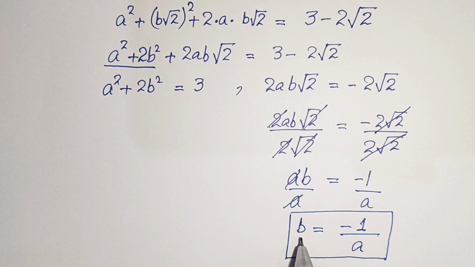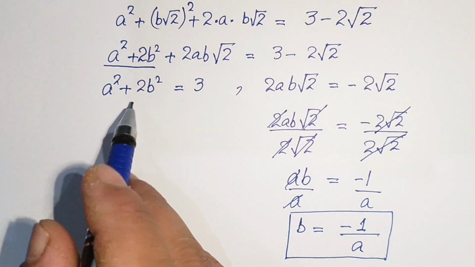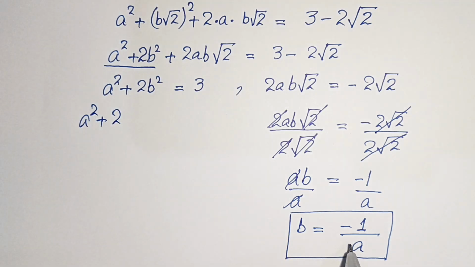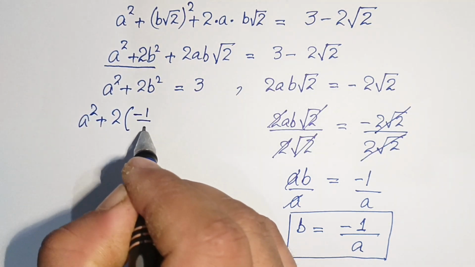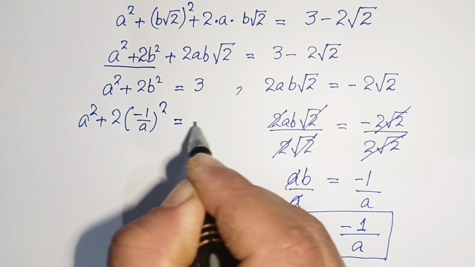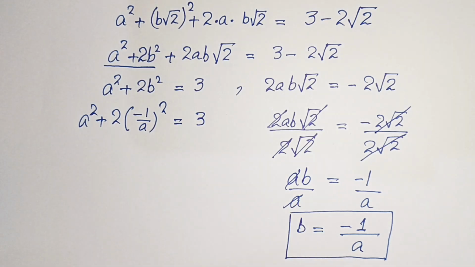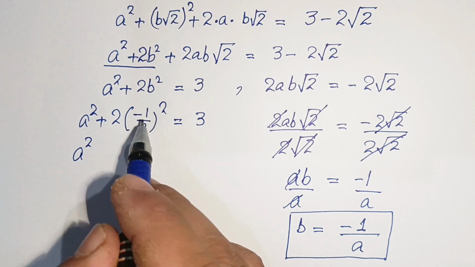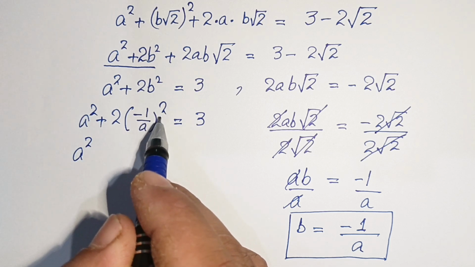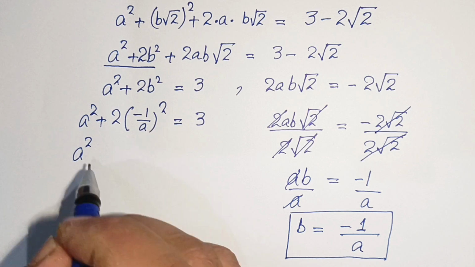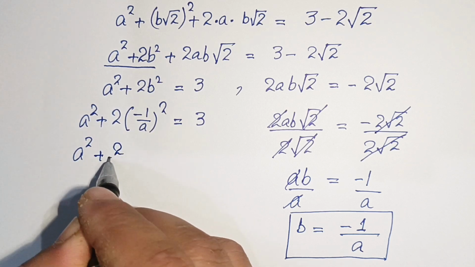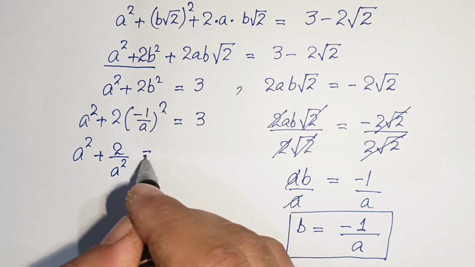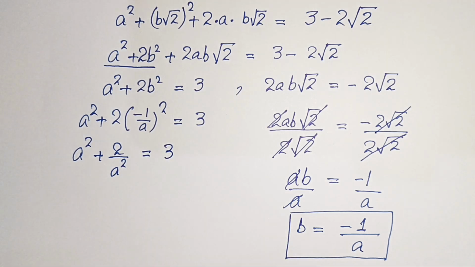Now putting this value in this equation, we get a squared plus 2 times b, which is minus 1 over a, whole squared, and it is equal to 3. Now minus 1 squared will be positive 1 and a is squared, so we get a squared plus 2 divided by a squared equal to 3.